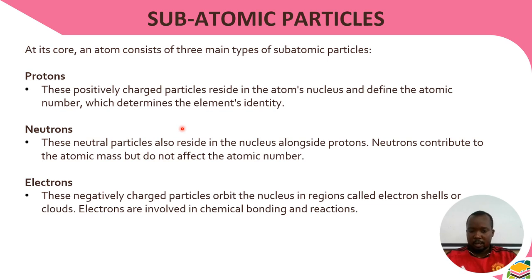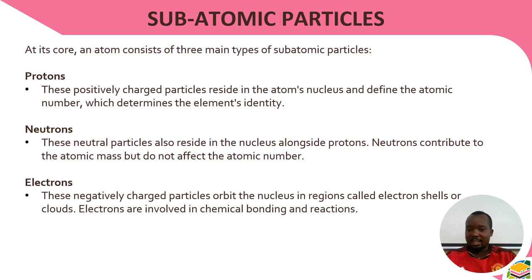So the electrons, the negatively charged particles, orbit or revolve around the nucleus in regions known as electron shells or clouds, or energy levels. So electrons are involved in chemical bonding and reactions. So remember, protons are involved in atomic number.